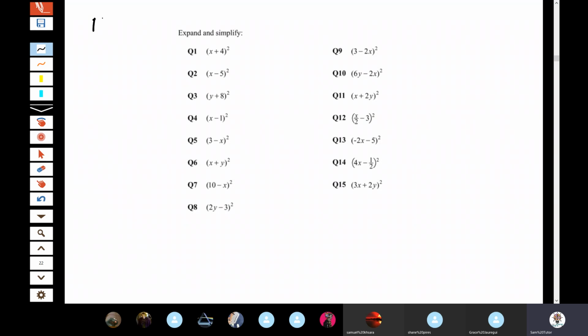First squared plus 2 times the inside, plus or minus depending on the question, of course, plus the second one, or the last one, second one squared. So first squared, 2 times the inside, and then the second one squared.